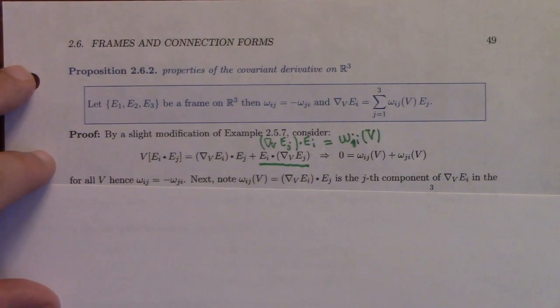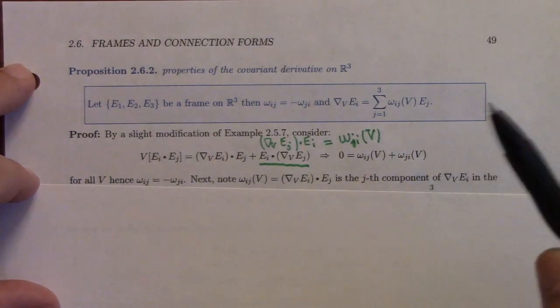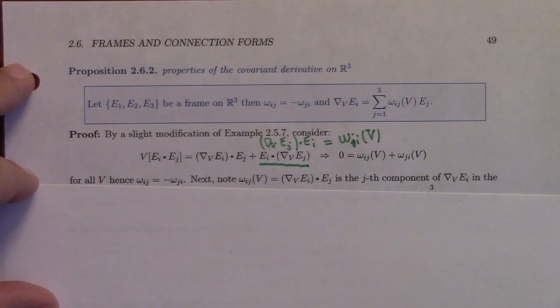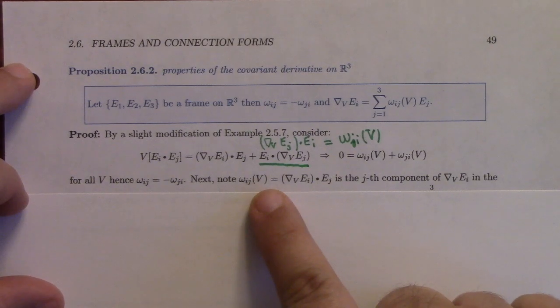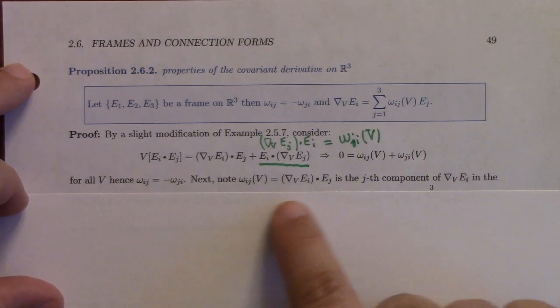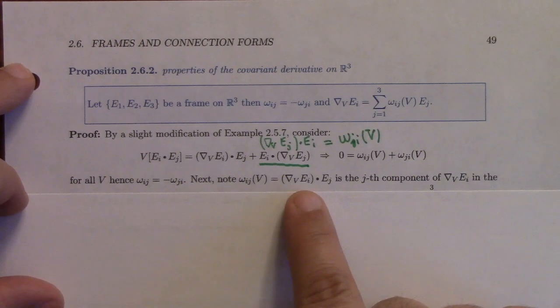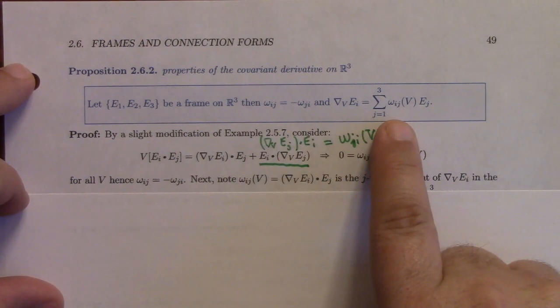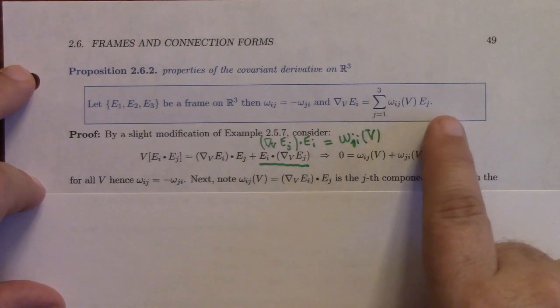So what we have, of course, is that omega ij is equal to minus omega ji, since that's true for all v. Now, finally, this is literally the jth component in the E frame of the covariant derivative of v of ei. This follows immediately because, like we were doing in the proofs earlier in class, every vector we have we can expand by dot products with the basis.